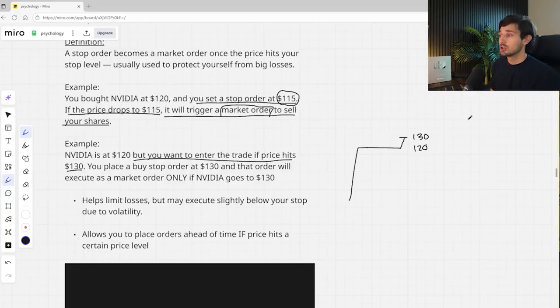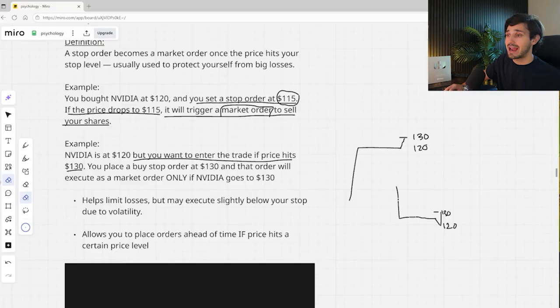Okay? So you could place stop orders when it comes to protecting yourself where you're in it long and you place a stop loss order wherever your stop loss is, or maybe you're in it short. Maybe it's a breakdown, right? You get in right here at 120, and let's say your stop loss is at 130, hypothetically, you would place a stop loss at 130, and then if prices go back up to 130, it would exit you out of your position, okay?